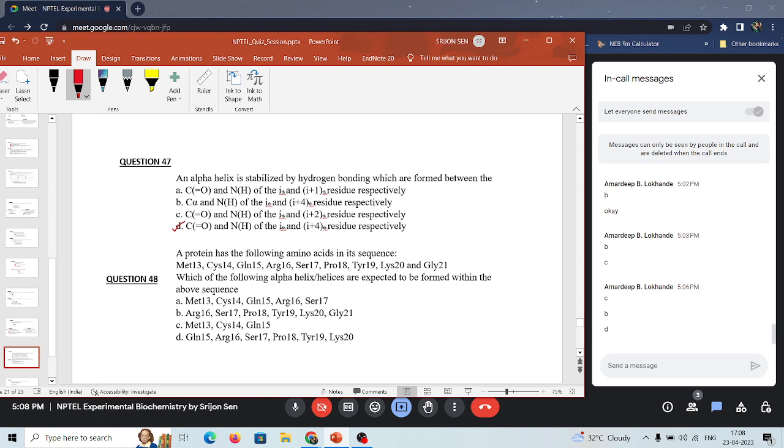So, which of the following alpha helix or helices are expected to be formed within the above sequence? So, which sequence is expected to form an alpha helix?